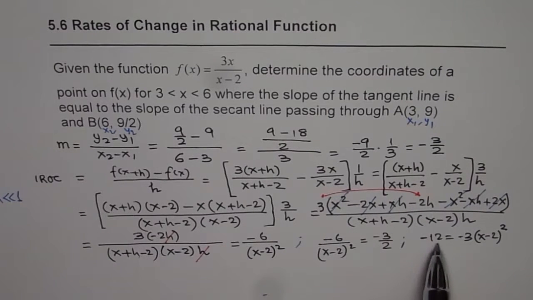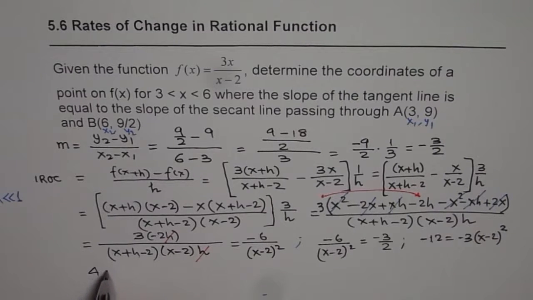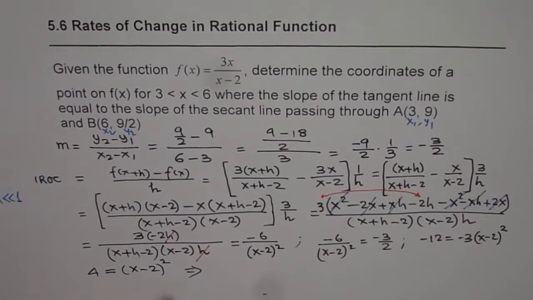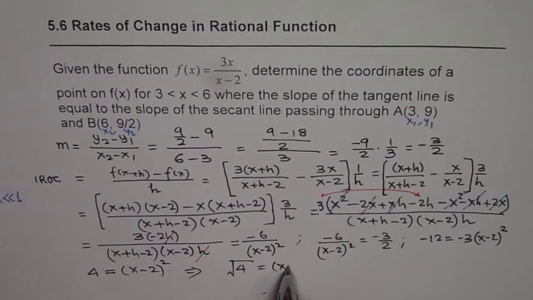Now let us get back to this out here. So minus 12 divided by minus 3 is 4, right? So from here we get 4 equals x minus 2 whole square, correct? Now we can square root it, and this implies that square root of 4 is equal to x minus 2.